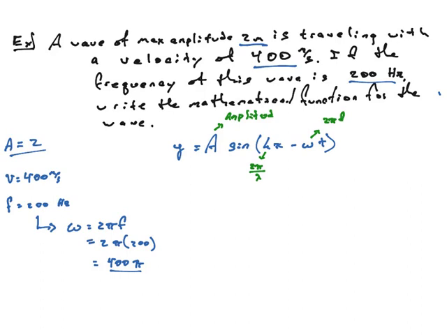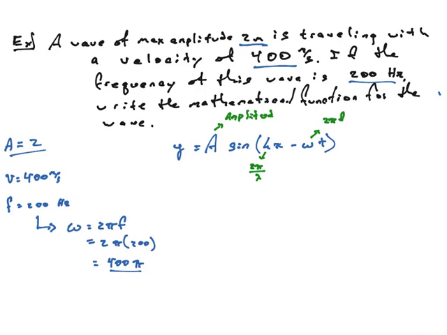Now, if you want to use your calculator, plug in 400 times pi and get a decimal, you can do that. That's fine. If you want to leave it as 400 times pi, just because it looks prettier, you can leave it as 400 times pi. I'll accept both answers. Well, now I have omega. Good. I have A. That's good.